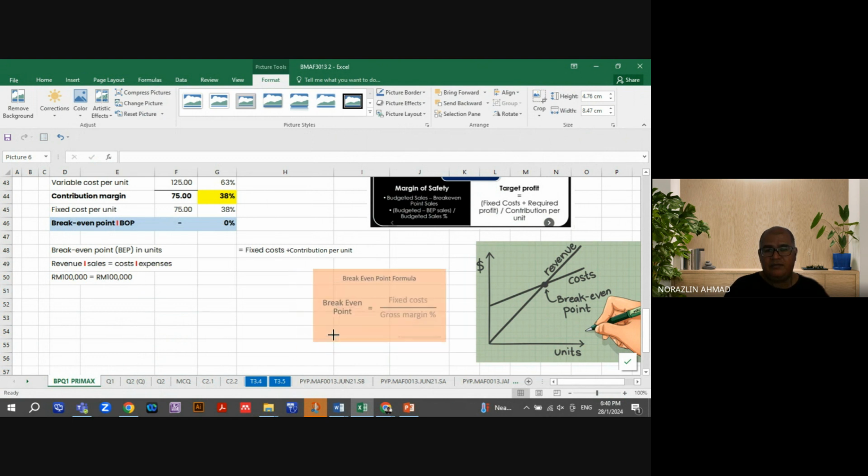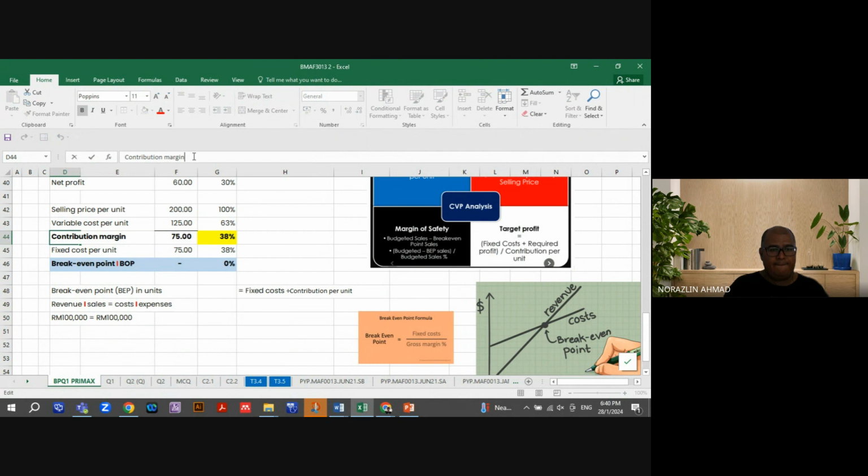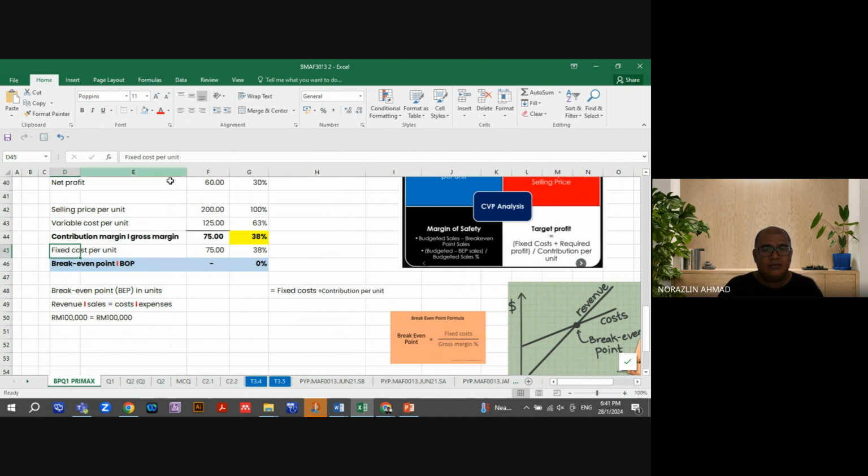Okay, you see this one? Contribution margin. You can use contribution margin as well. Oh no, I got it wrong.